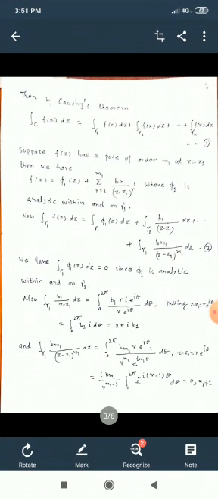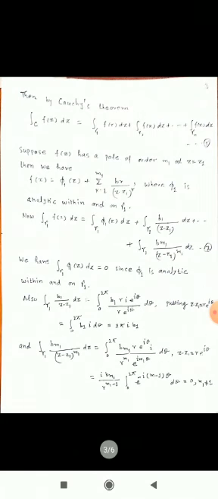This is equation number 2. We have integral over gamma 1 of phi 1(z) dz equal to 0, since phi 1 is analytic within and on gamma 1, by Cauchy's theorem. Also integral over gamma 1 of b1 upon (z minus z1) dz: since gamma 1 is a circle, the limit is 0 to 2 pi, putting z minus z1 equal to r e to the power i theta.